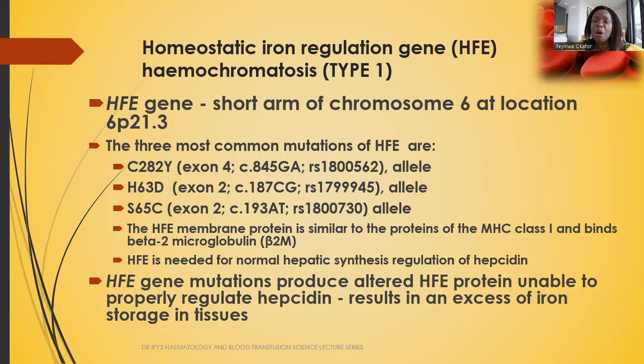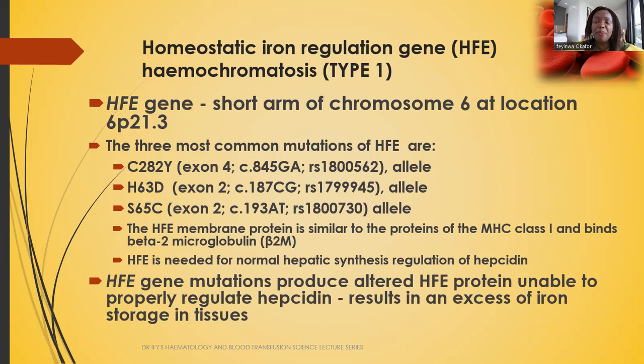The 3 most common mutations that are associated with HFE hemochromatosis are the C282Y allele, the H63D allele, and the S65C allele.